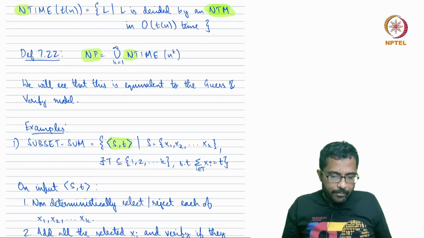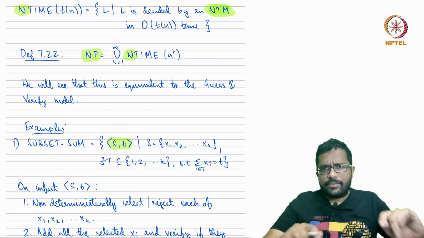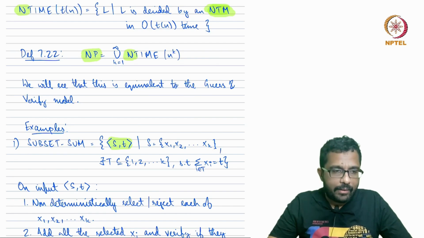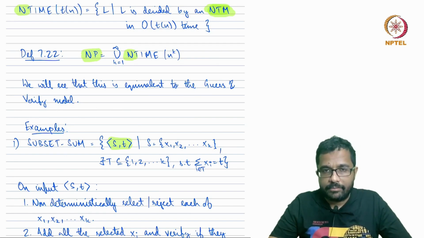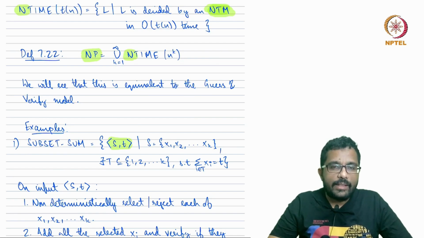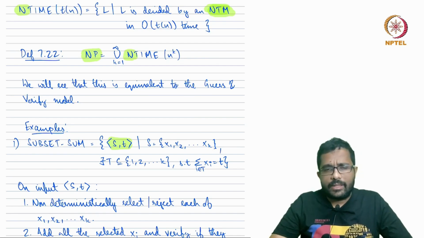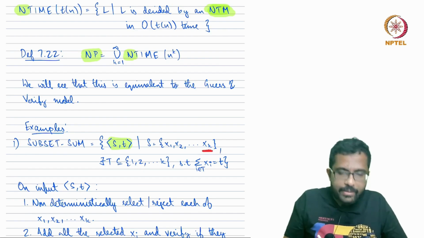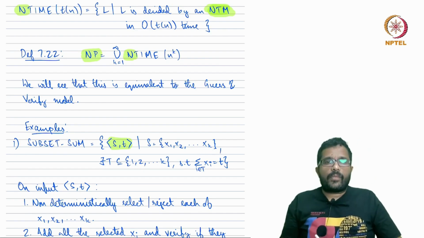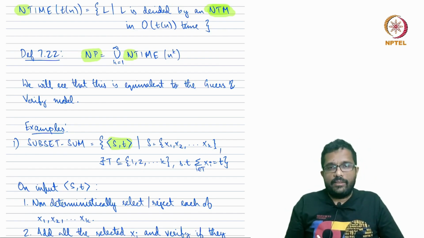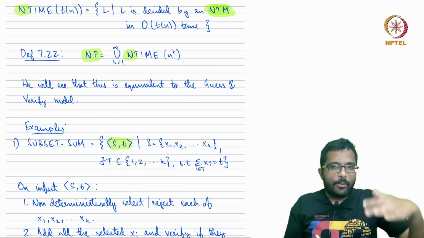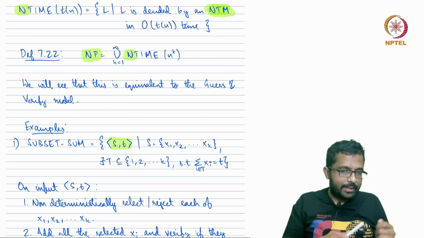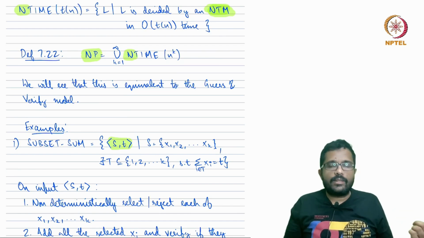Let us first describe a very direct brute force approach to this problem. If we have to do it with a deterministic Turing machine, one possibility is a naive approach: you try out all possible subsets. Given that there are k elements of this set, the number of possible subsets is 2^k. For each subset you check whether the sum is equal to t. If you find a subset whose sum is equal to t, you say yes, this is a yes instance.